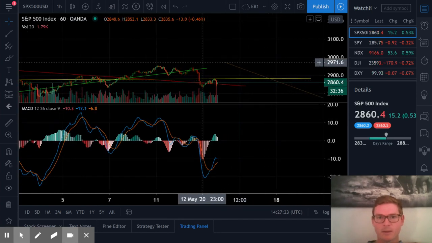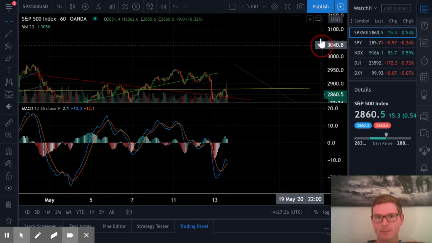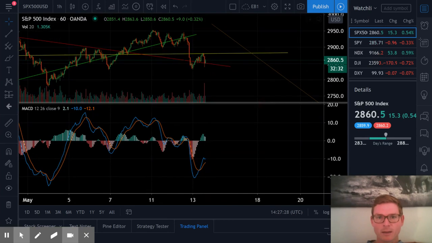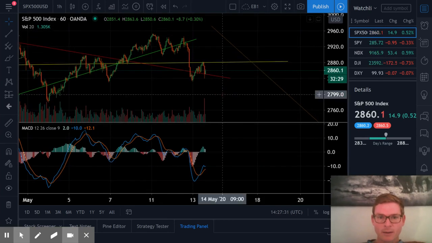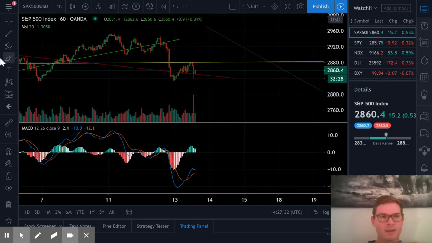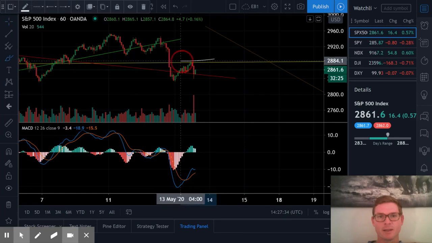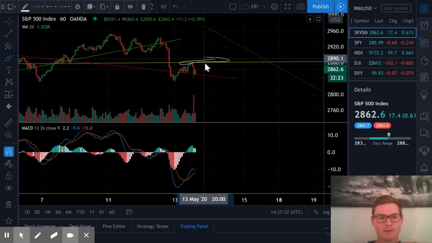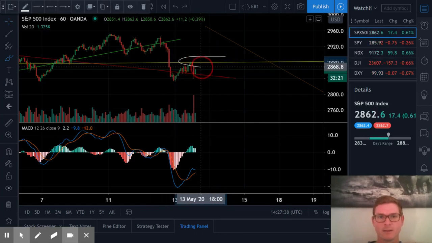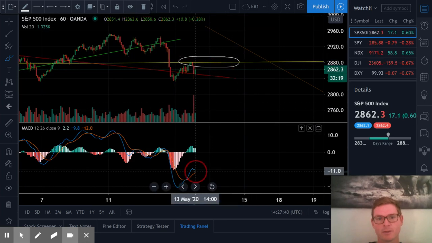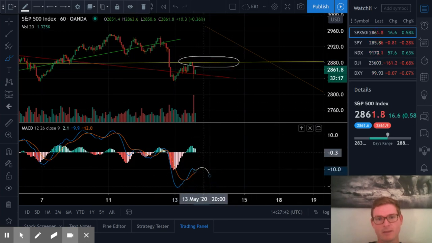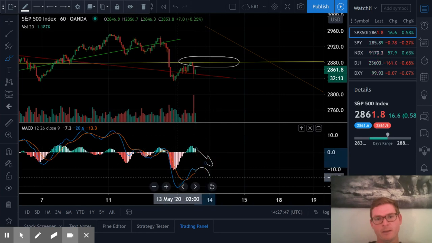So I'm going to be looking for a spot to short today, and I will be looking for probably this resistance line right here. I think that makes the most sense. This yellow line, and we'll see on the short-term MACD if we can get the short-term MACD to turn over and get this thing to go back red.